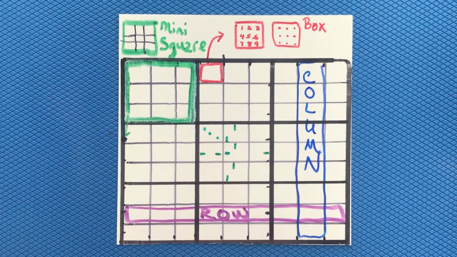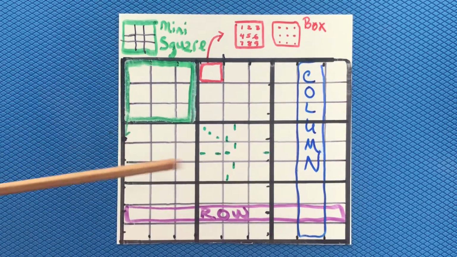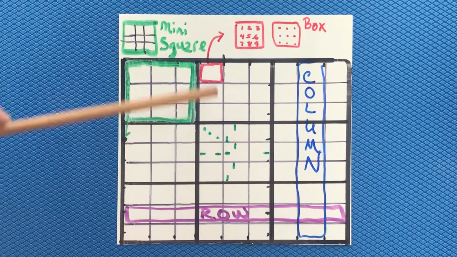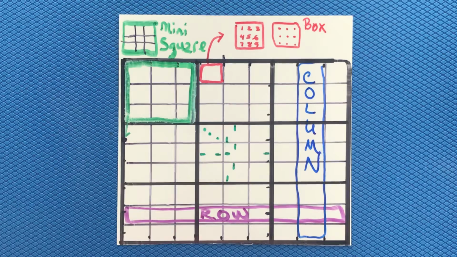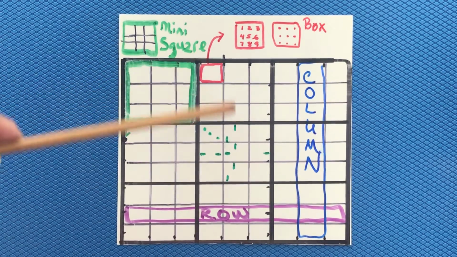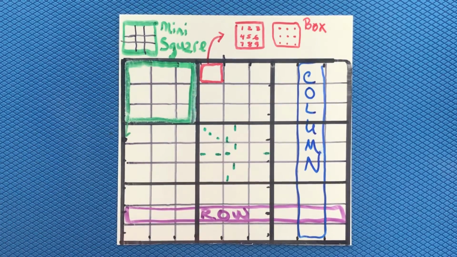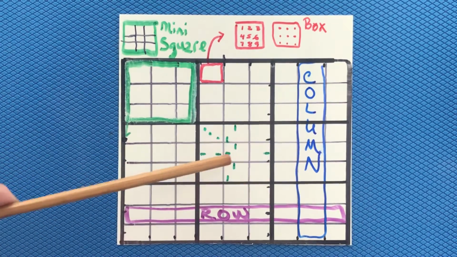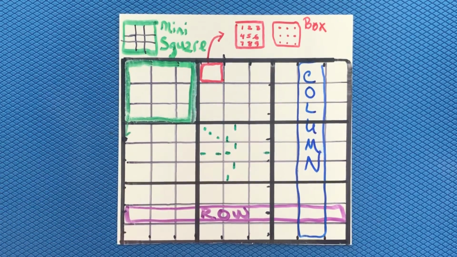Horizontal, running on rows. By the same token, vertical dashes indicate that for that column, the number must be within the mini square of the dashes.